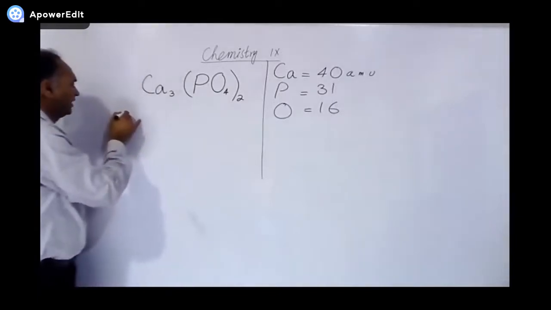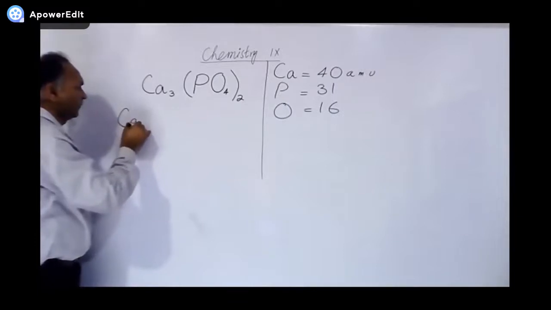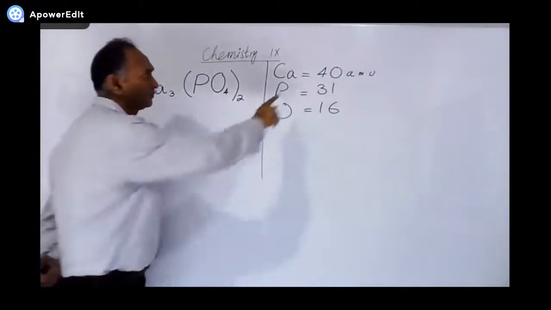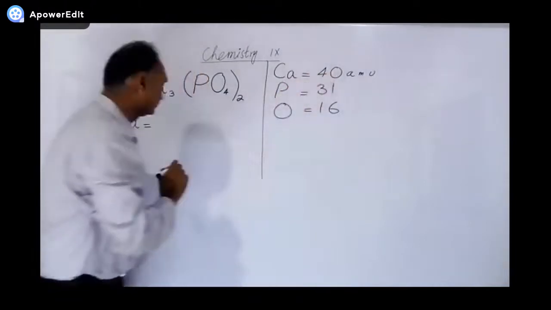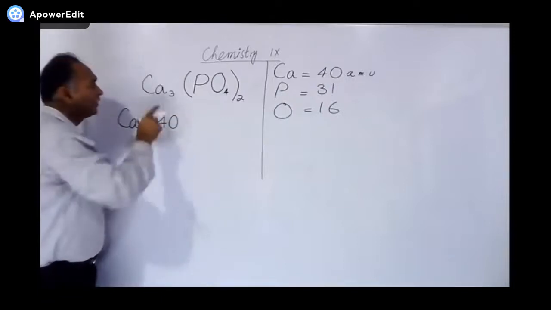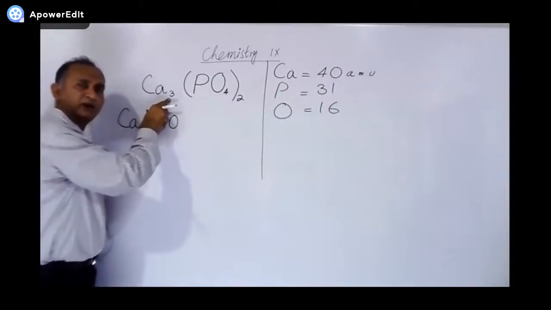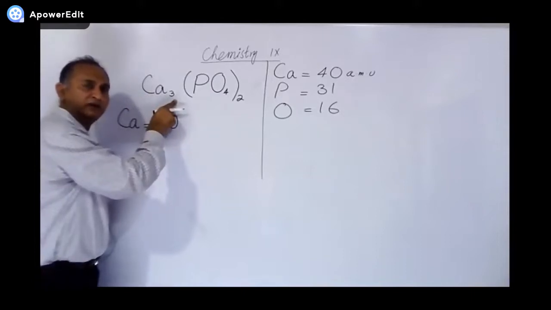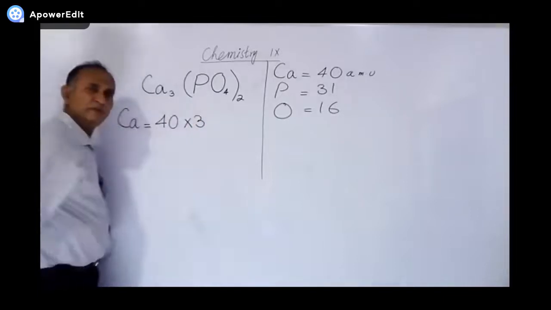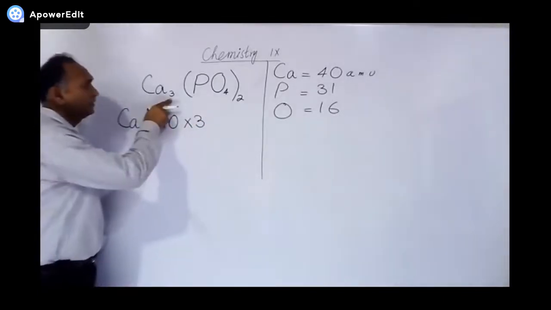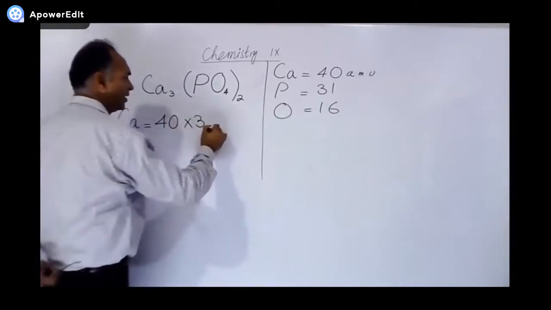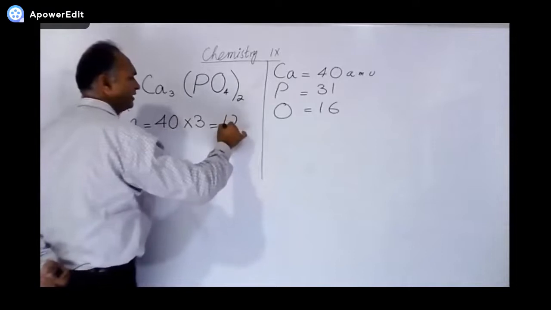I am writing here Ca. What is the atomic mass of one calcium? 40. What is the subscript here? How many calciums do we have? 3. So we multiply it by 3. Why 3? Because here we have 3 calciums. Multiplying, it will give you 120.